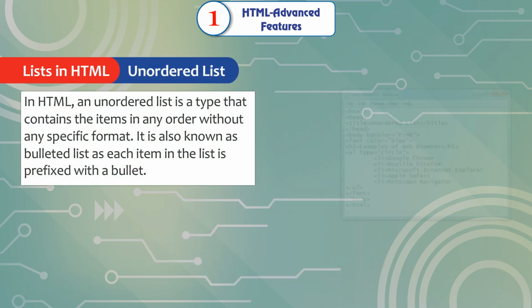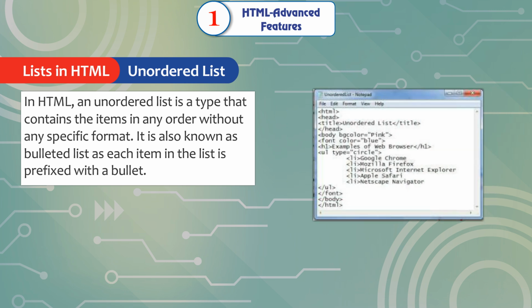Unordered list. In HTML, an unordered list is a type that contains the items in any order without any specific format. It is also known as a bulleted list, as each item in the list is prefixed with a bullet.